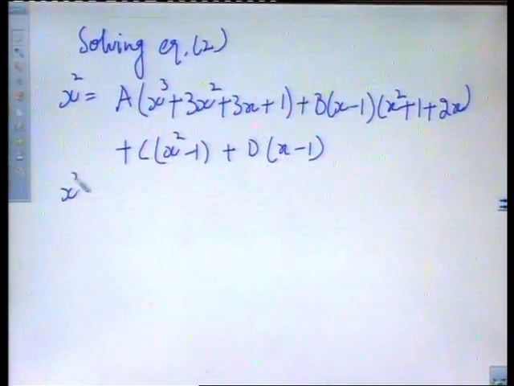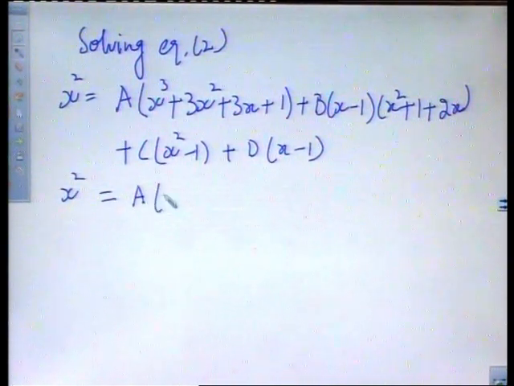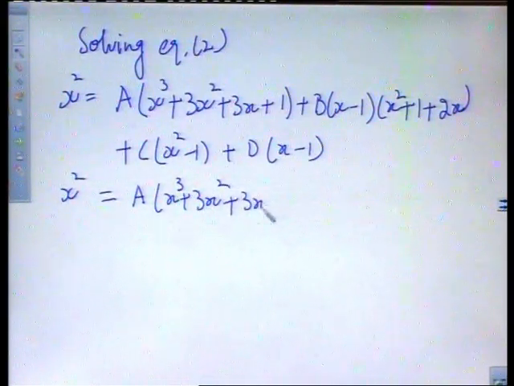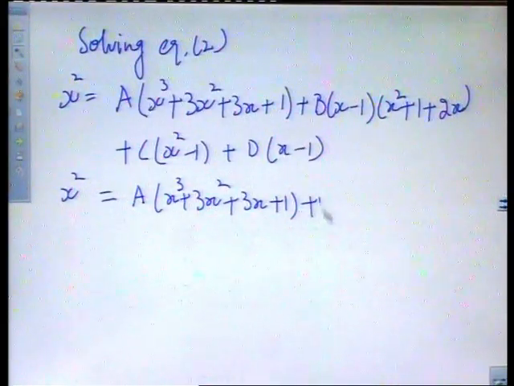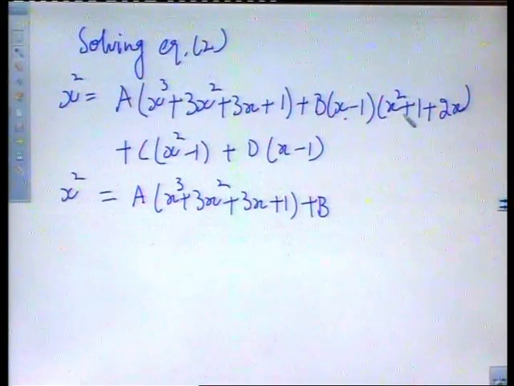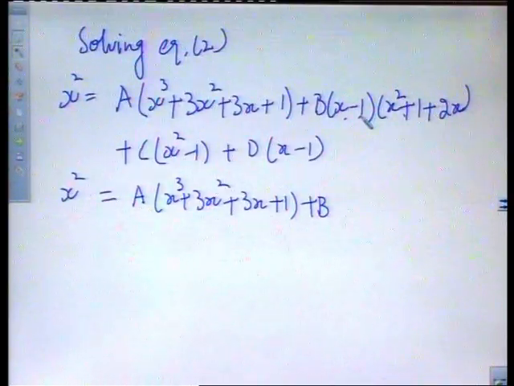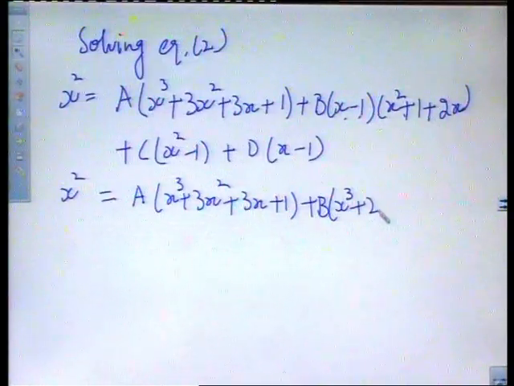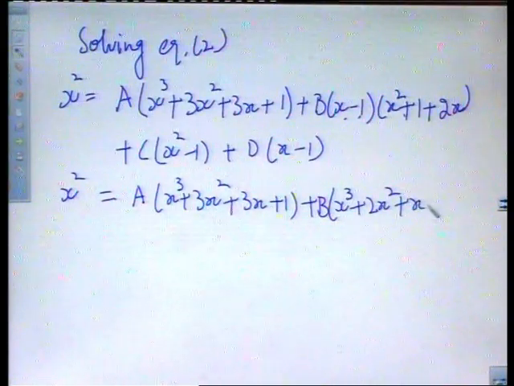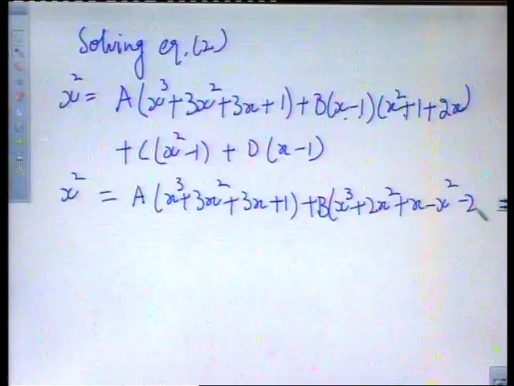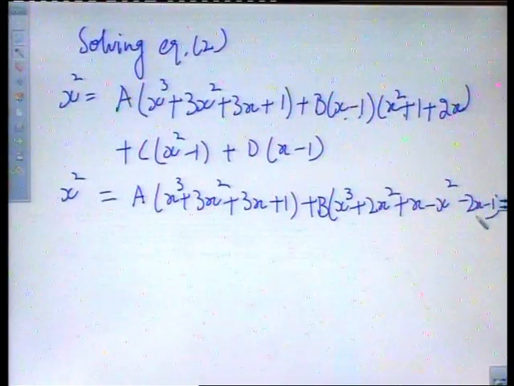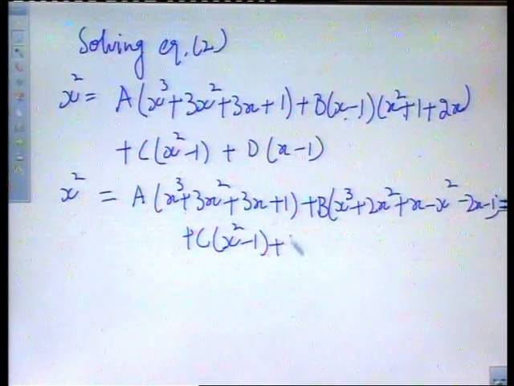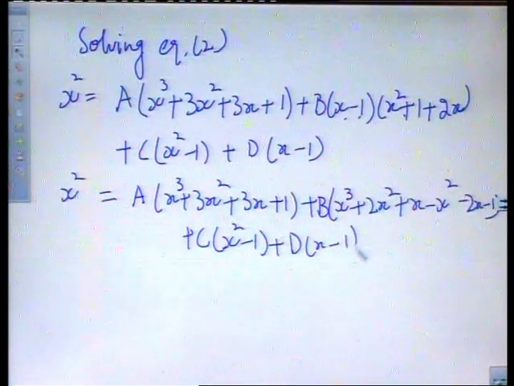Or we say this as A into x cube plus 3x square plus 3x plus 1. We solve these two brackets, we multiply by x, and then we multiply by minus 1, and we get this as x cube plus 2x square plus x minus x square minus 2x minus 1, plus C as such x square minus 1 and D as such x minus 1.